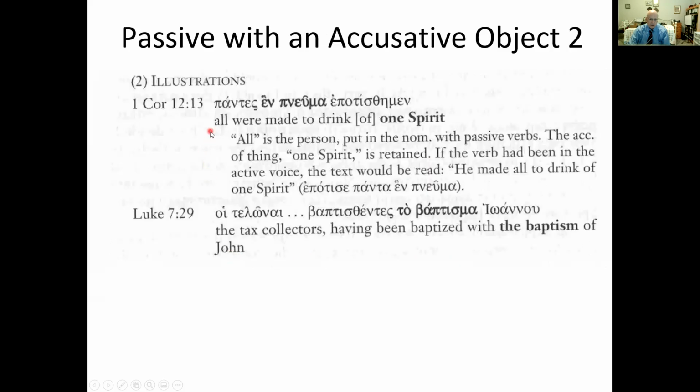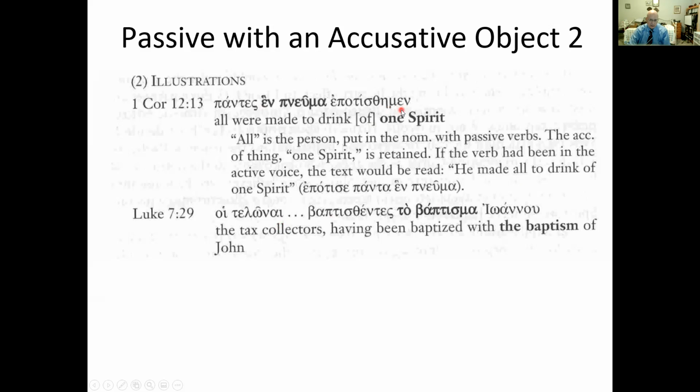Let's take some illustrations. All were made to drink one spirit. All is the person put in the nominative with passive verbs. The accusative of thing, one spirit, is retained. If the verb had been in the active voice, the text would read, he made all to drink of one spirit.